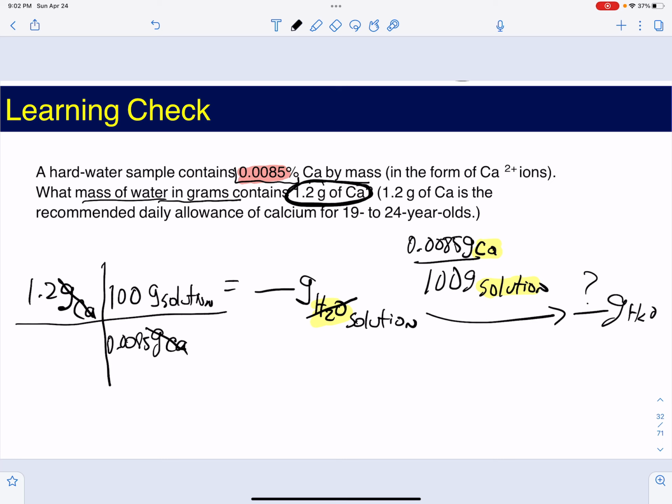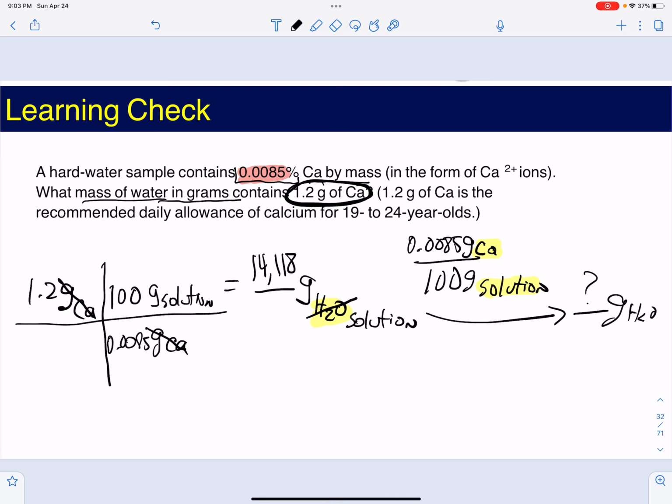1.2 times 100 divided by 0.0085 equals 14,118 grams.